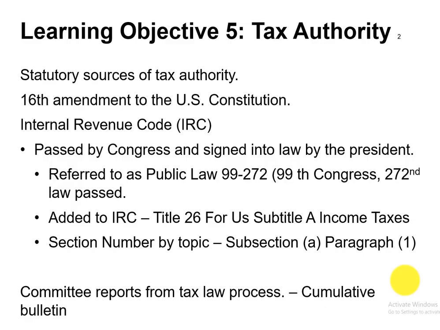From Subtitle A, it is organized by section number, by topic. The section numbers, of course, are in order, 1 through 1,000, 1,100 or something. Each section has a topic, which makes it far easier to use than just laws. So when they pass the Big Beautiful Bill, or whatever the public law is, it amends the Internal Revenue Code. For each section that is affected, some poor schmo has to go in and update that section with the new language.